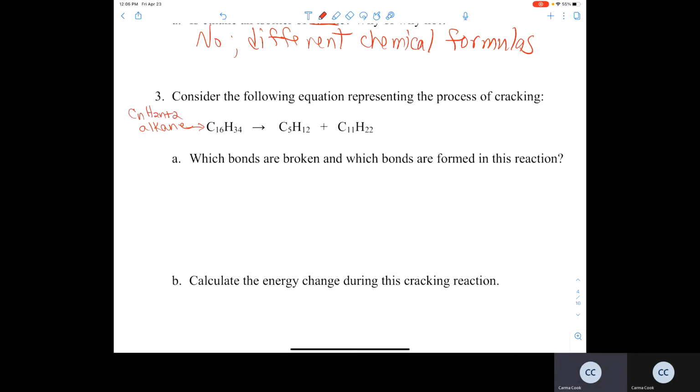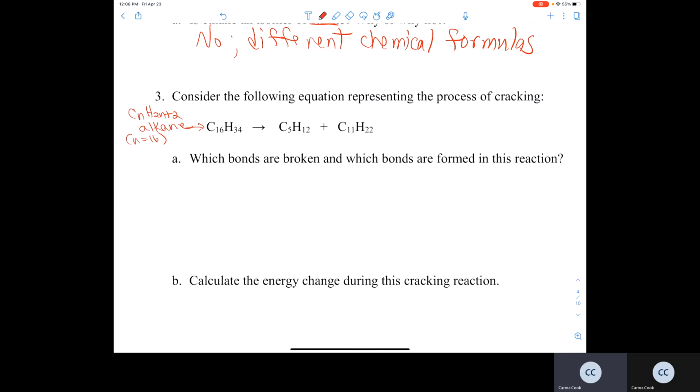Sixteen carbons, so n is 16. And so 16 times 2 is 32, plus 2 is 34. So you've got your 34 hydrogens.